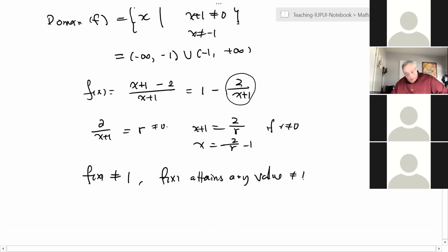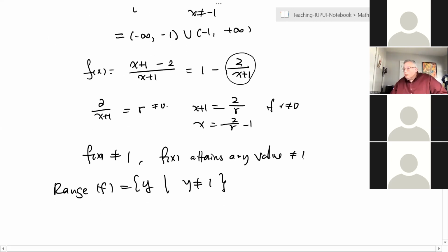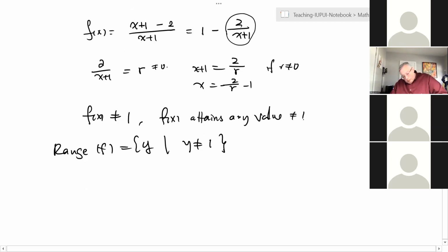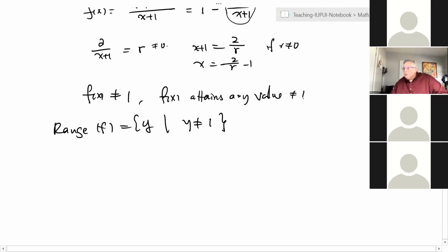Okay, so then it's clear that the range of f is any y not equal to 1, okay? Right, so that's it. I use y, not x. It's okay, it's just a variable, right? Okay. So that is a domain, okay? And that's a range and domain, okay?